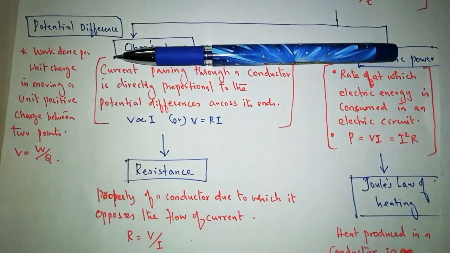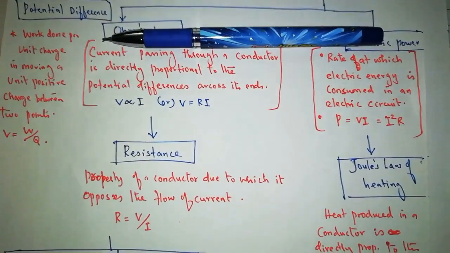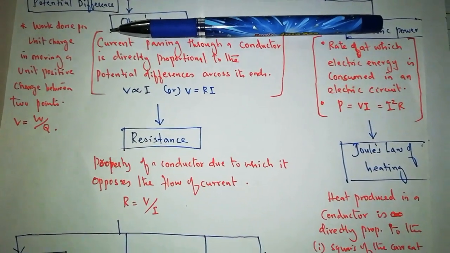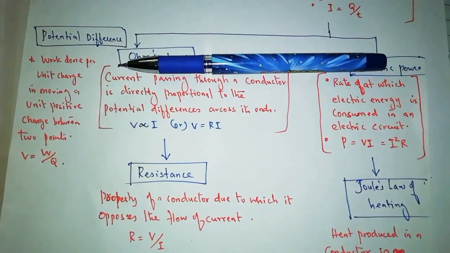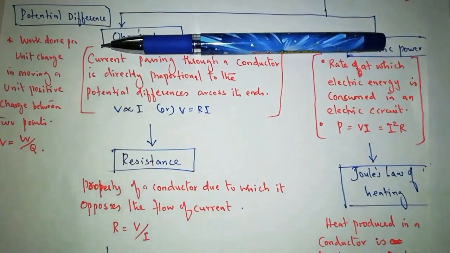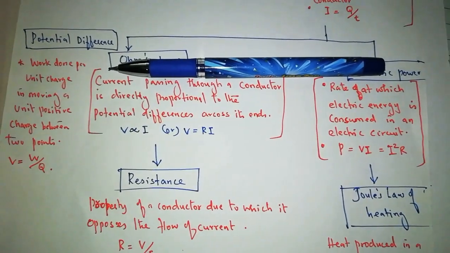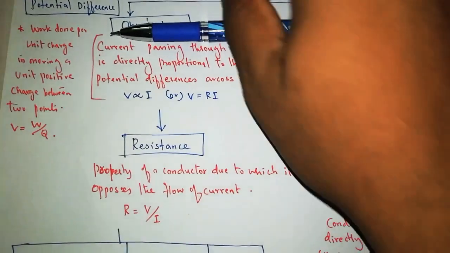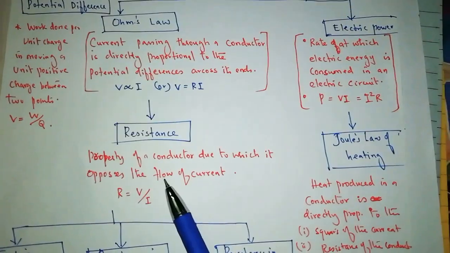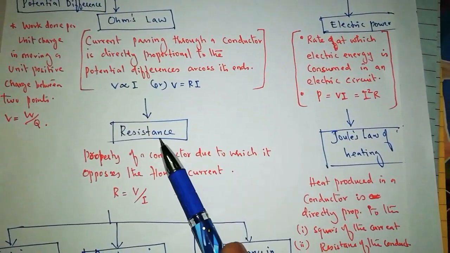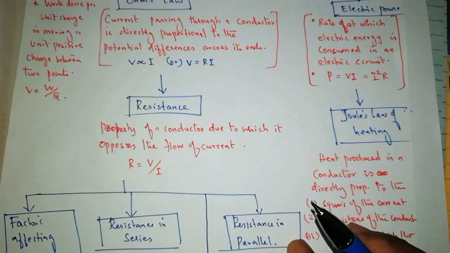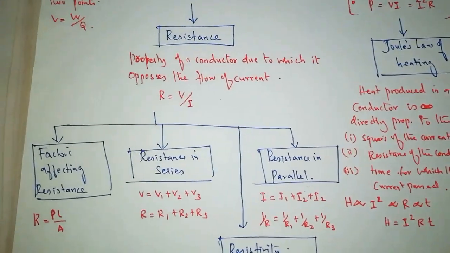Why do you feel heat? Because there is something present inside the wire, maybe the charges or maybe the electrons, that opposes the flow of current, and that is actually resistance. So we are going to learn about resistance also.